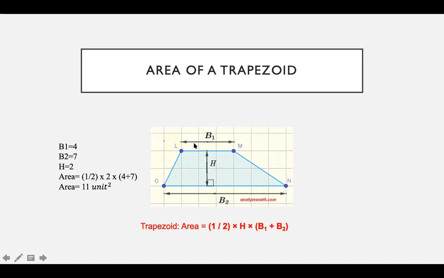So these are the two parallel sides that the height connects. You add those two together, multiply that by the height, and then multiply by 1/2. And in this case, I have written out right here, 1/2 times 2, because our height is 2, plug in 2 right here, times 4.